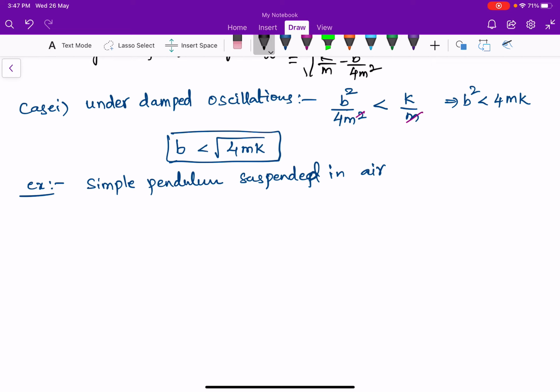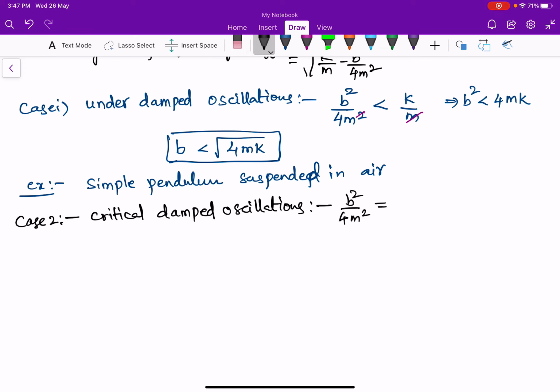And case 2 is critical damped oscillations. Critical damped oscillations come into existence when b square by 4m square is exactly equal to k by m. So in this case, b is equal to under root of 4mk.